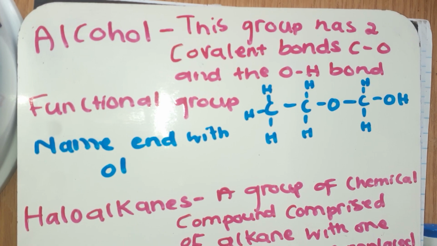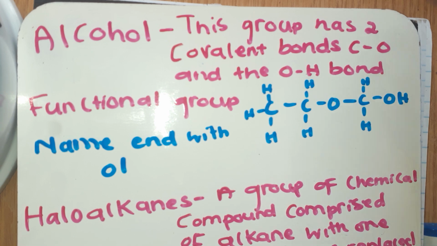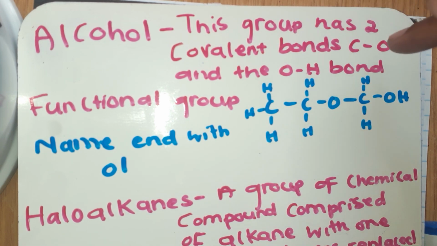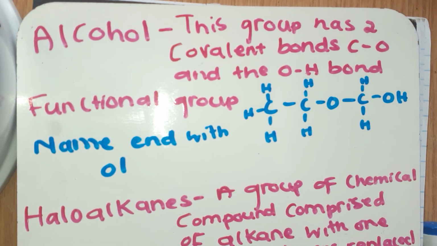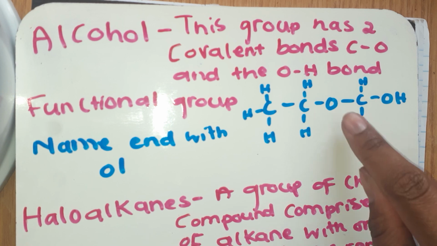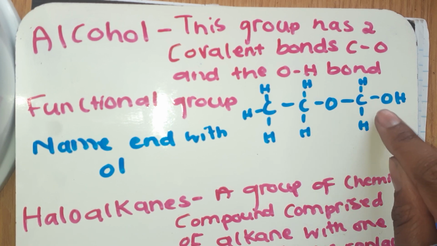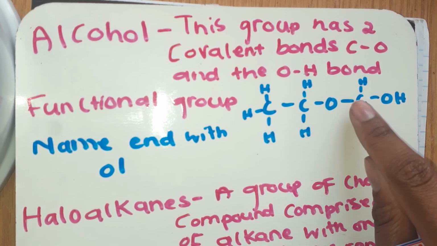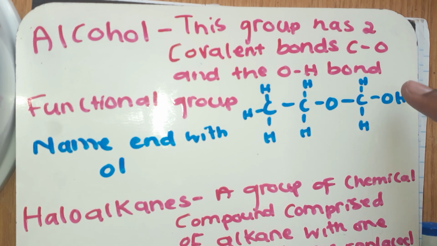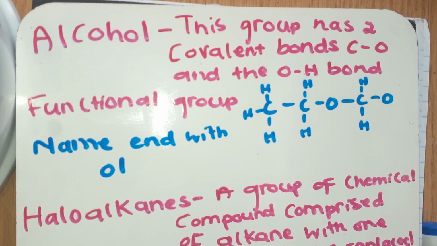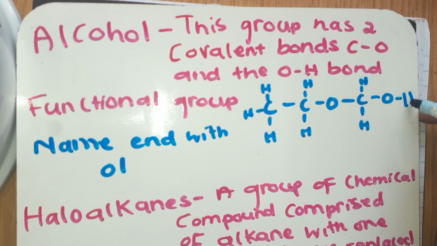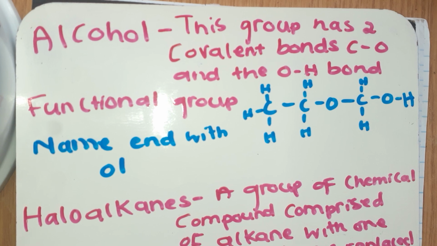And then for number 3, we have alcohol. Alcohol has 2 covalent bonds between oxygen and carbon and between oxygen and hydrogen. So the functional group, we see it's O, C, and O, H. There's a bond between O and C and O and H. They can be written like this, OH, or like this.